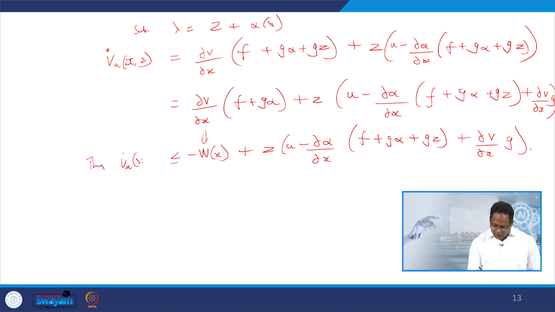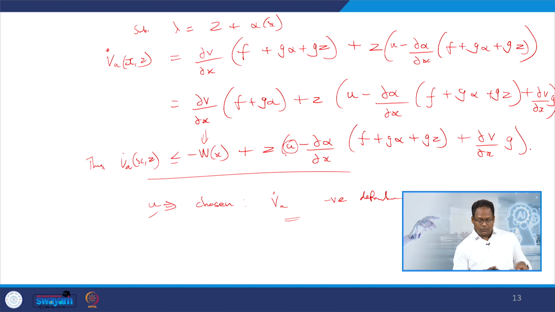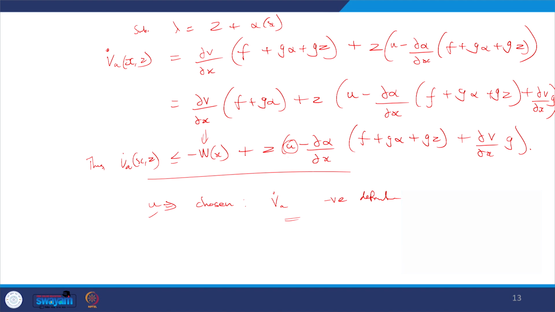The control signal u can be chosen such that the derivative Va dot becomes negative definite. So we have to choose a proper u in this expression so that Va dot becomes negative definite.